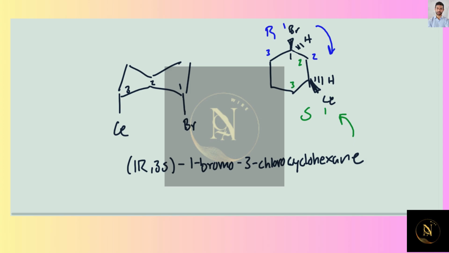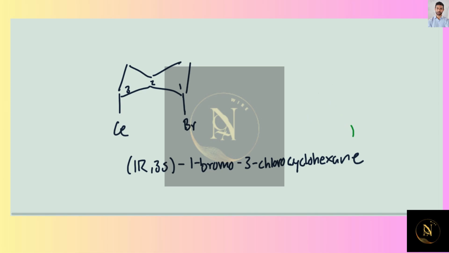Okay. Now, given that halogens have the same degree of bulkiness, the most stable conformer is, and then we're going to have to draw the ring flip conformer. We're shown one form and we need the other. Let me make a little space here.